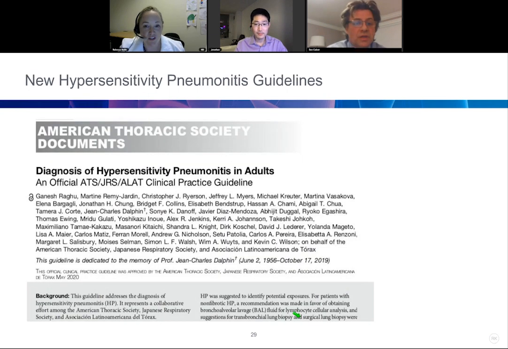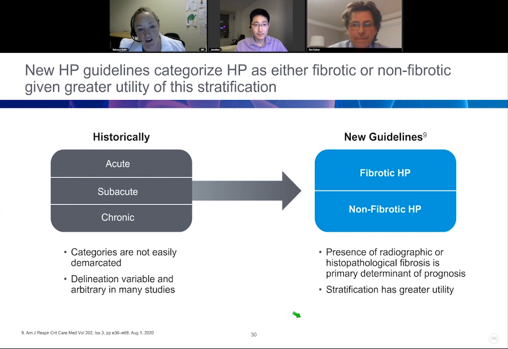Great. I think that's now the key. Yeah, so I want to talk about the new guidelines for hypersensitivity pneumonitis that were just recently published by the ATS, ERS, and ALAT. This is really helpful because when we think about hypersensitivity pneumonitis, we used to classify HP as either acute, subacute, or chronic.